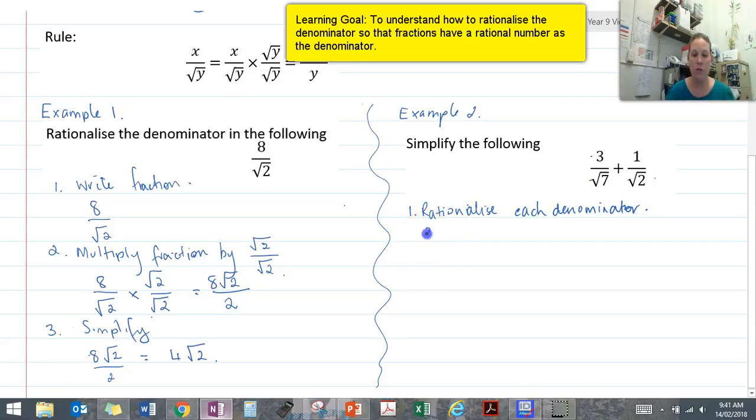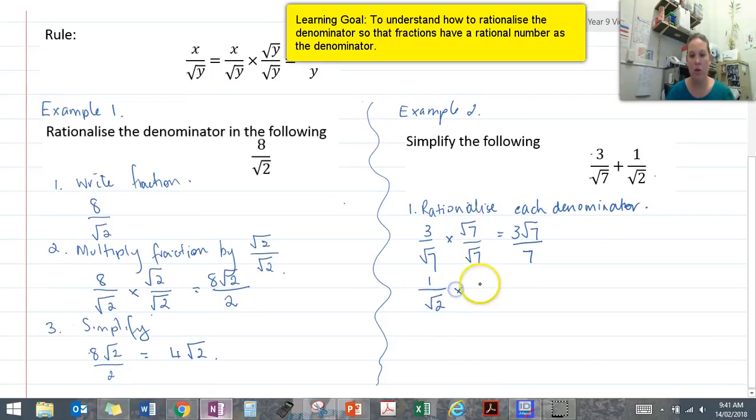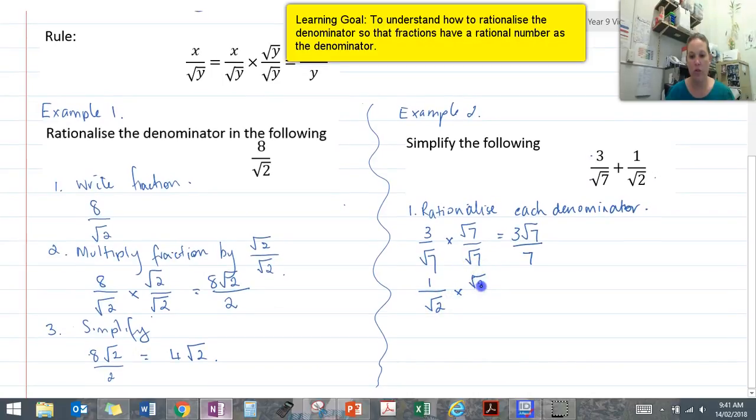We're going to do the first one, 3 over the square root of 7, times the square root of 7 over the square root of 7, which equals 3 square root of 7 over 7. And our second one is 1 over the square root of 2 times the square root of 2 over the square root of 2, which is equal to the square root of 2 over 2.